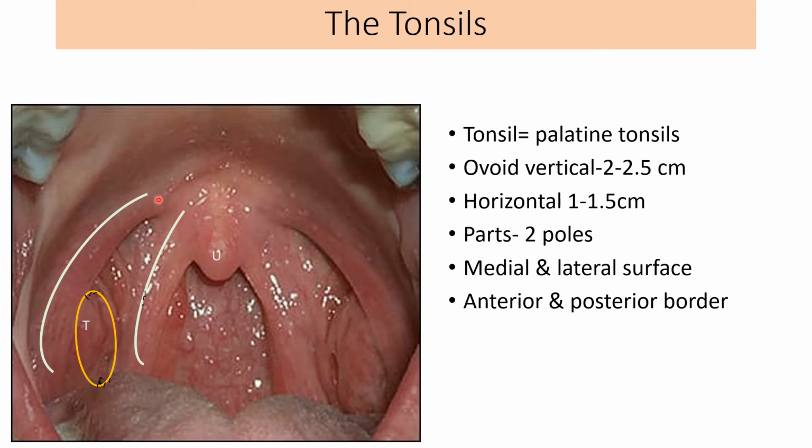Mucosa with the palatoglossus muscle is called the palatoglossal arch. Similarly, the posterior vertical fold of mucous membrane with the underlying palatopharyngeus muscle is called the palatopharyngeal arch. So this will be the posterior arch, this is the anterior arch, and when we trace these two arches upwards, they meet at the soft palate.